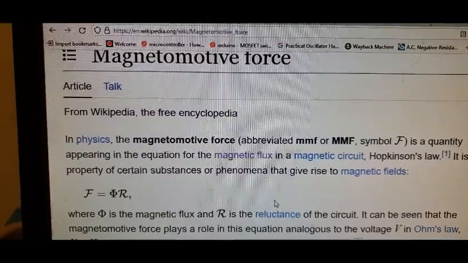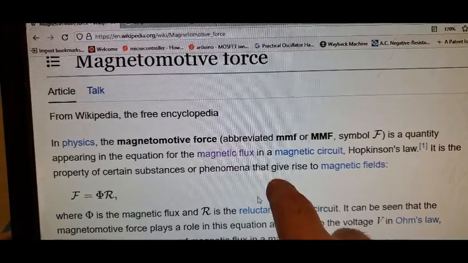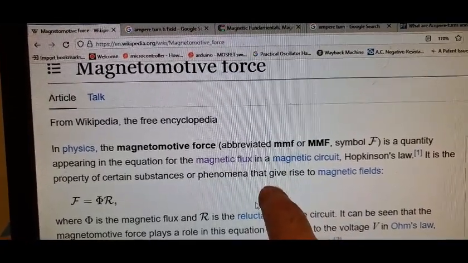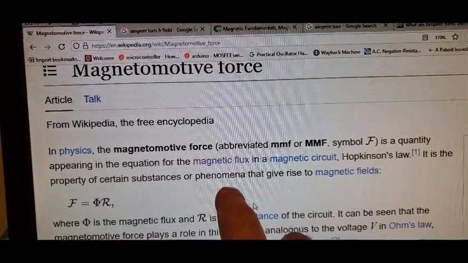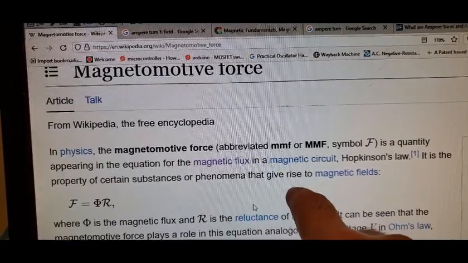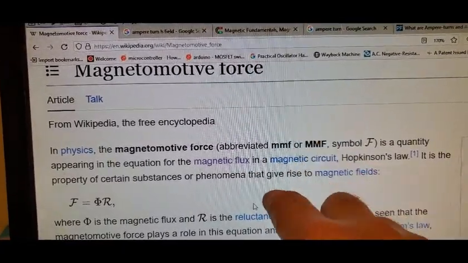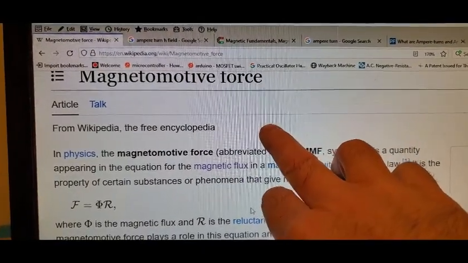Let's do this thought experiment and then we'll demonstrate it. Say you have one coil, and you put one amp through it, and it has 100 turns. The magnetomotive force is 1 times 100, or 100 ampere turns. Now let's put a second coil, identical to that coil, in series over here.